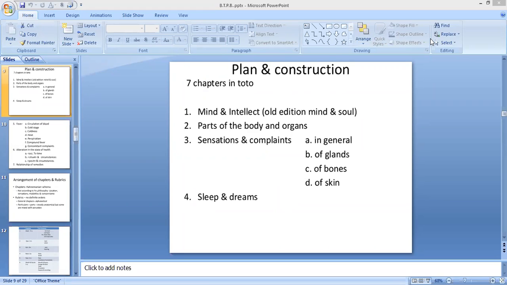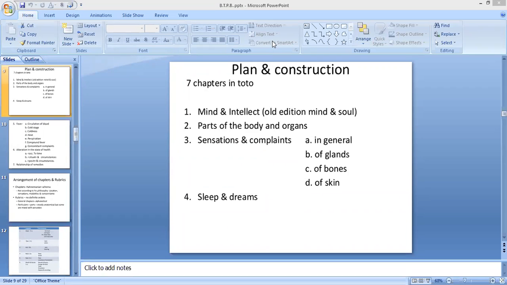In yesterday's lecture, we started with the topic plan and construction of Kent repertory. In that, we studied that there are 7 chapters, and in detail about those chapters, we will study in today's lecture. So, there are 7 sections, chapters in this repertory. The first chapter is mind and intellect.